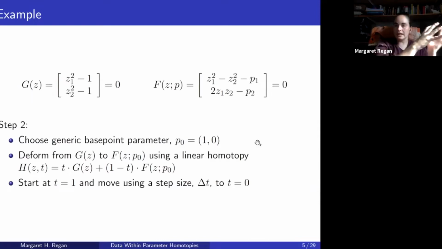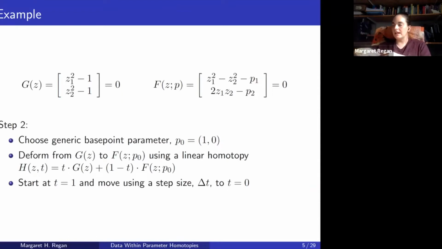So we have our G of Z, that's our start system. We know the solutions to it. Then we have our F of Z at P. Well, like I said before, the solutions to F of Z at P depend on what the P value is, right?